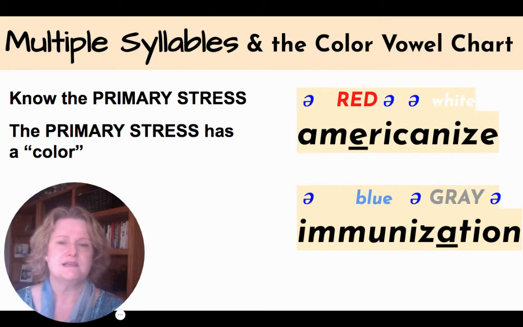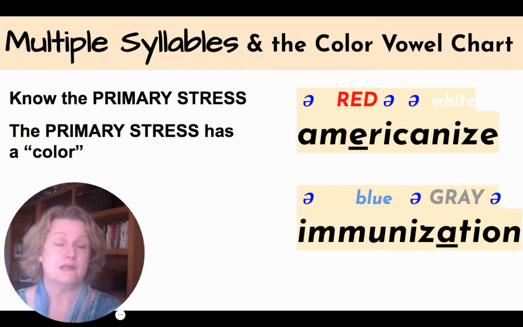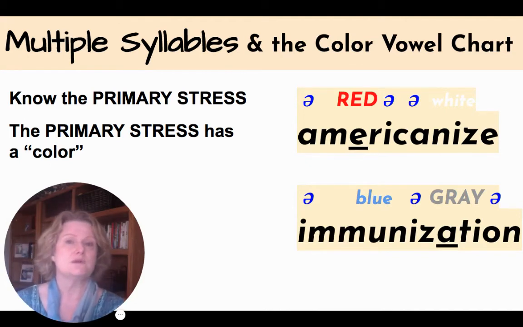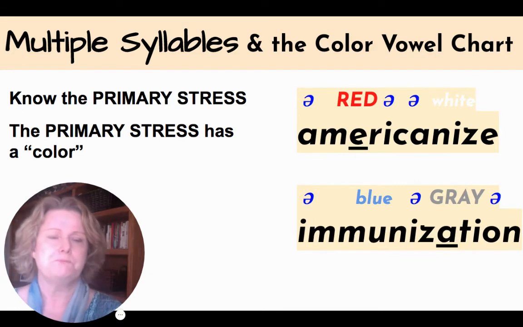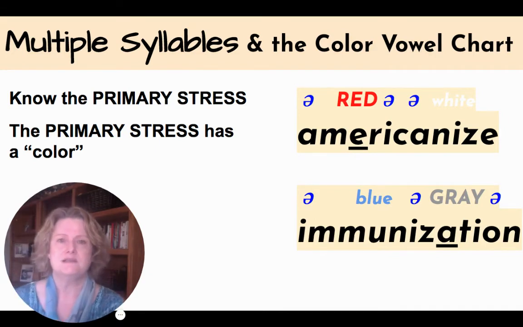And secondary stresses usually have a color as well. This one is white. In fact, any word that ends with IZE, as in analyze, finalize, will have that white sound there. Everything else here is schwa.